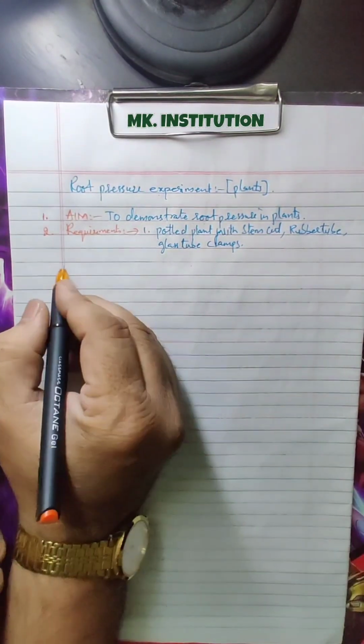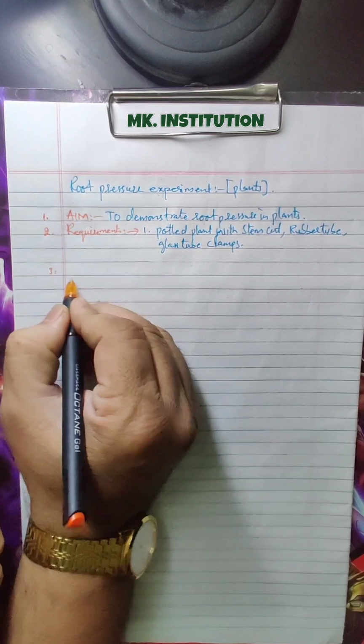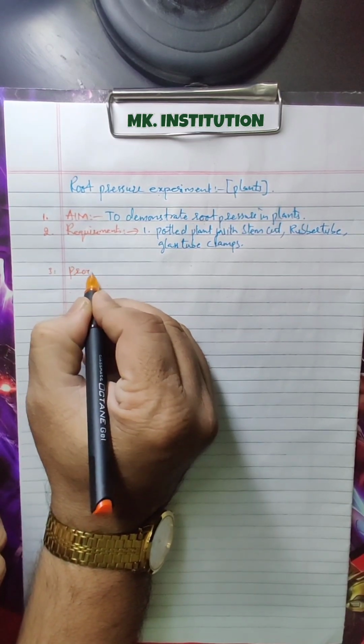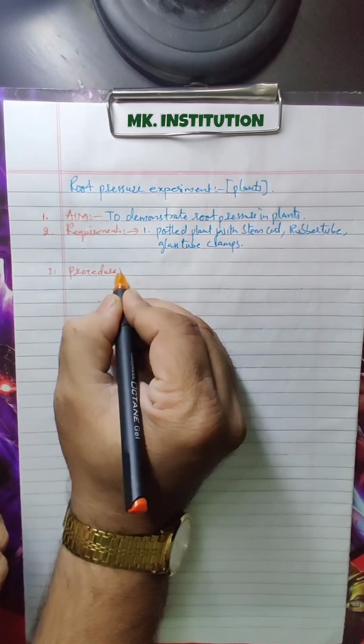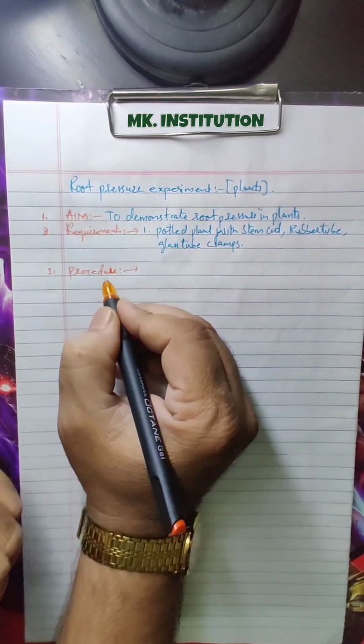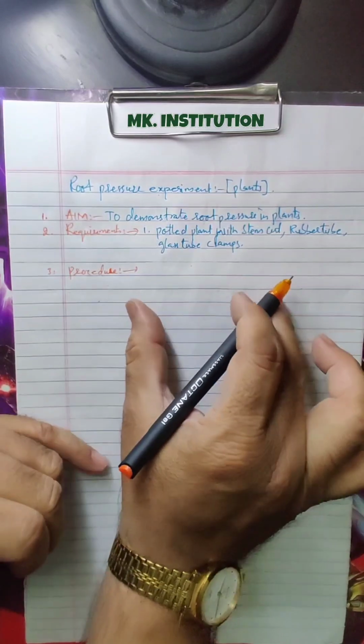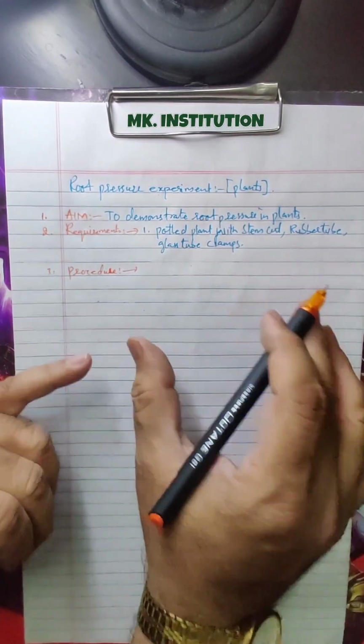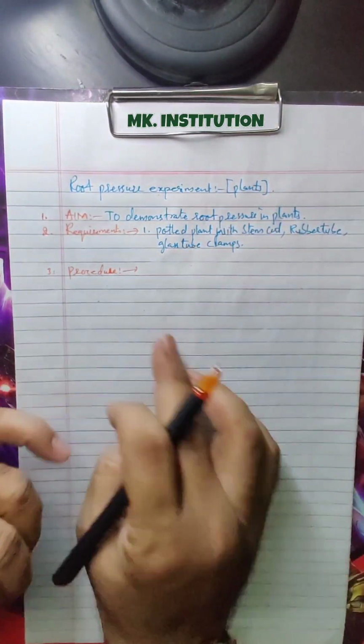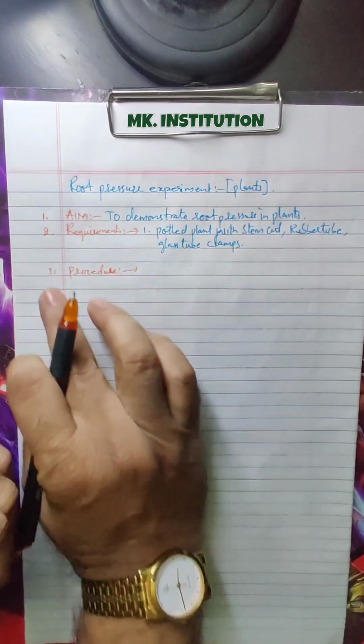Then the next one is procedure. The third one is procedure. After taking all these requirements, how you arrange the apparatus and what is going to happen along with this apparatus, that is your procedure. Clear? Procedure is the main answer.